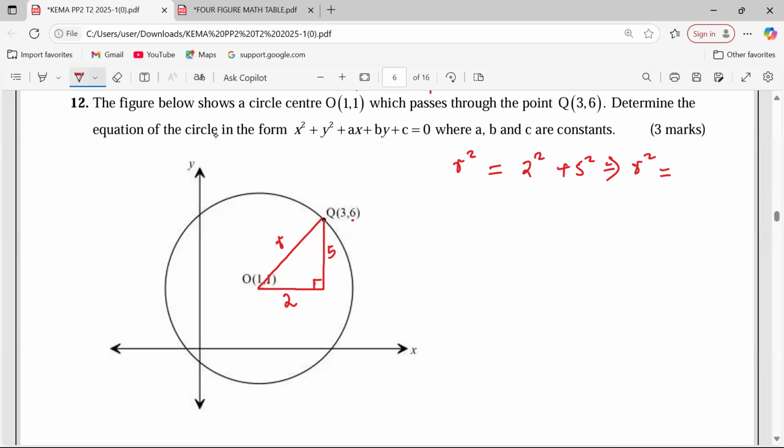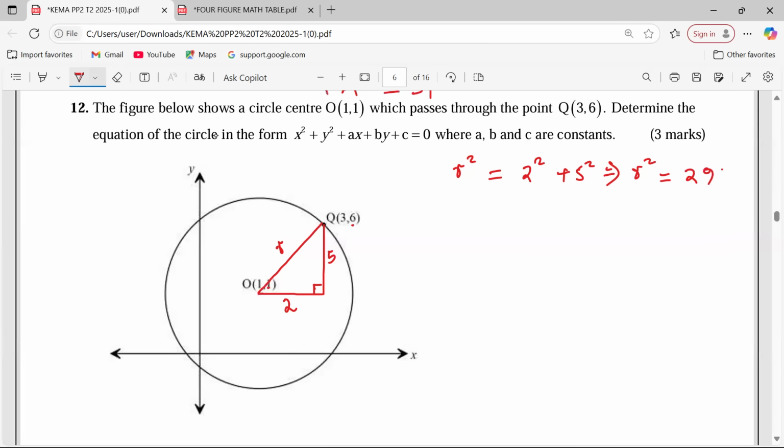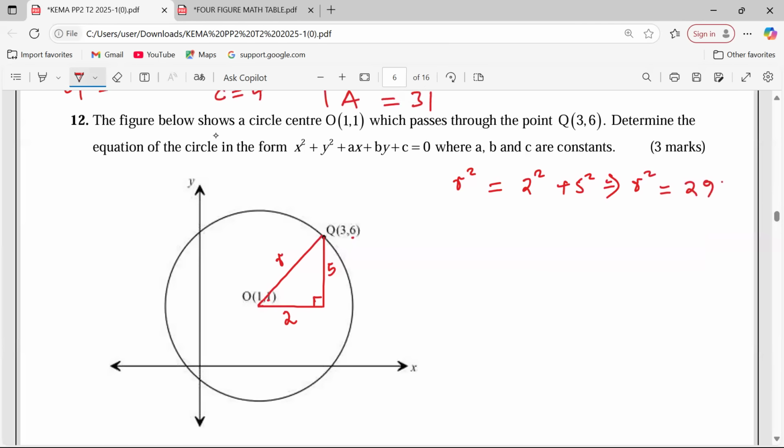So R squared is 29. You're also supposed to know the equation of a circle. Remember this is R squared, not R. I've not found R. I've found R squared for specific reasons, because we are dealing with a circle.